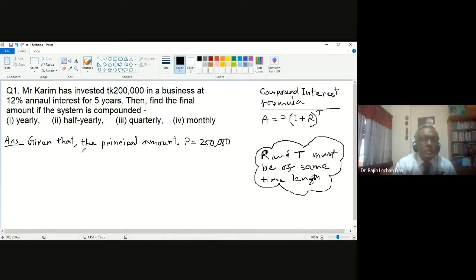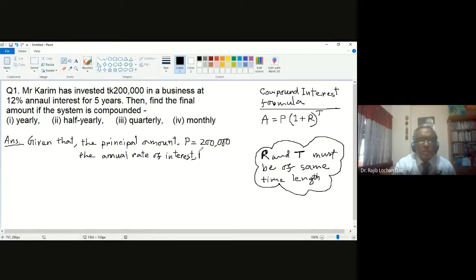And the annual rate of interest. Be careful. Annual means yearly. Annual rate of interest is R here. So it is R. Fine.